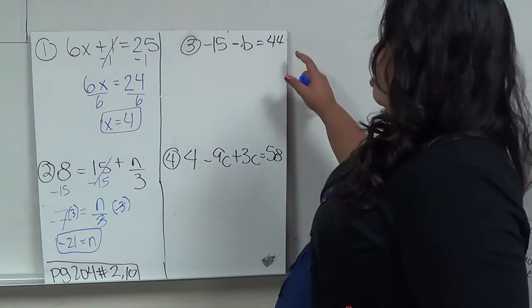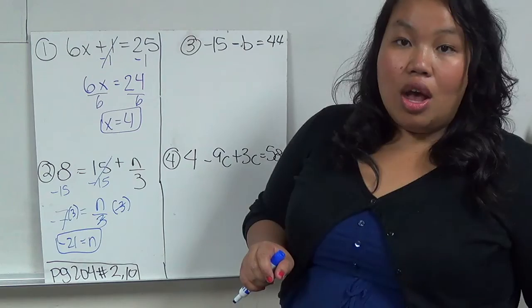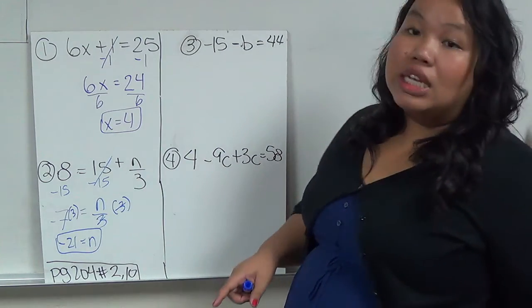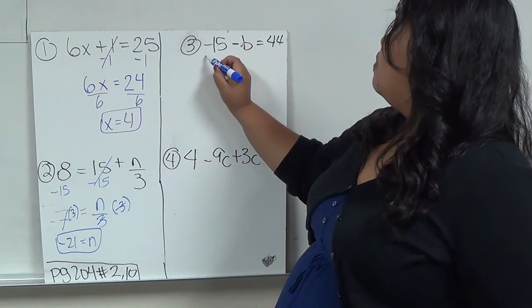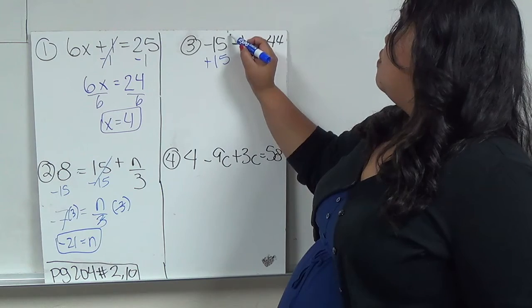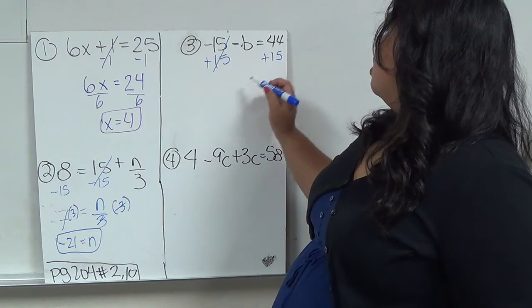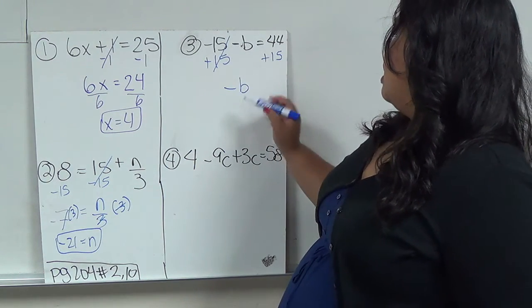All right, on number 3, again, I'm going to get rid of things that are addition and subtraction. In this case, 15 is connected to negative b by a negative sign. So the opposite of negative 15 would be positive 15. Adding positive 15, negative b comes down because these cancel out.